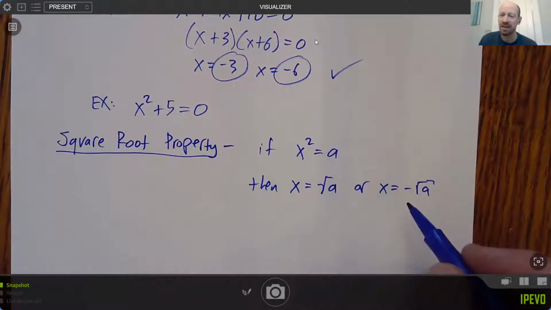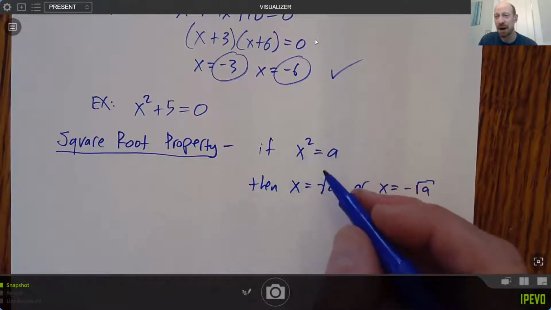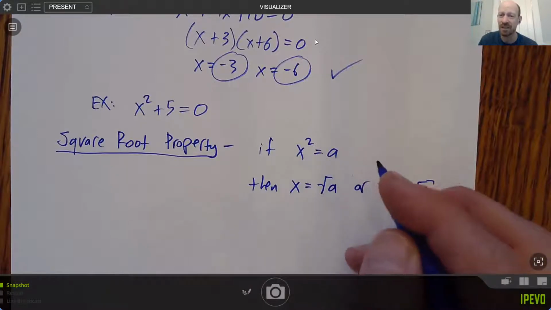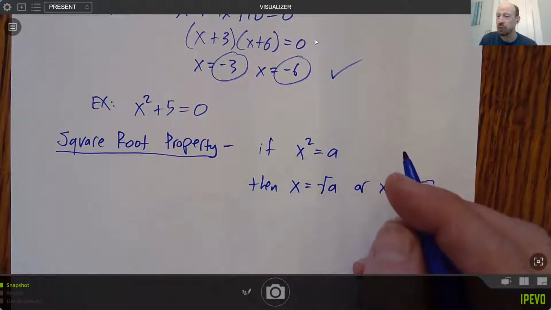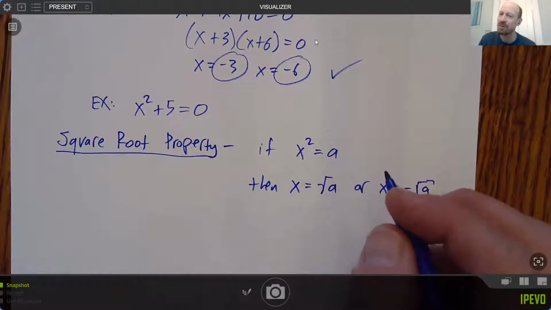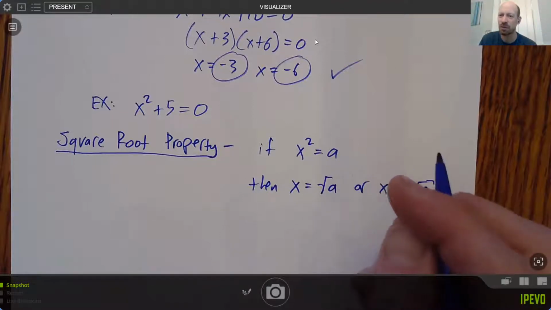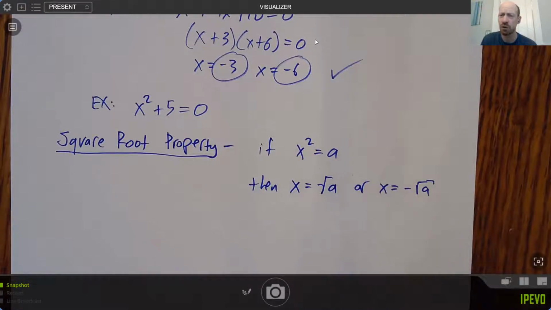So it's not that it's really like the wrong way of thinking, but that property just doesn't work. You can't take the square root of both sides. You can multiply both sides by 2, you can add 15 to both sides, but you can't actually just take the square root of both sides, because you miss this negative solution. So that's why we get this square root property.